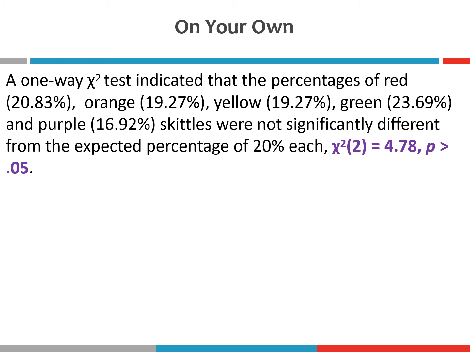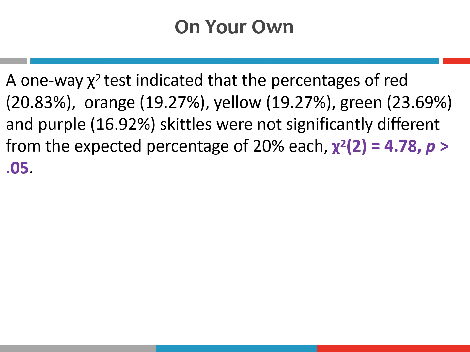And if we were to write that up in formal APA style results, we would first want to indicate the type of test that we conducted. So we would say a one-way chi-square test indicated that the percentages of red, orange, yellow, green, and purple Skittles, reporting the percentages in parentheses, were not significantly different from the expected percentage of 20% each.